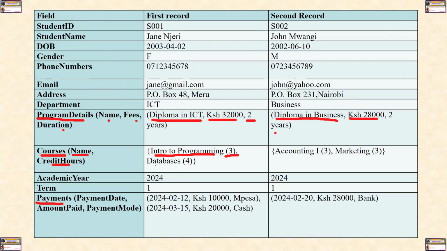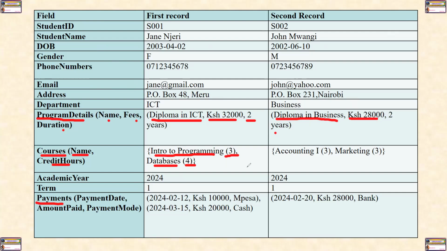We have also another course called Databases, whose credit hours are 4. So you can see under the courses field, we have 2 things: the course and the credit hours. So here we have 2 courses put together with their credit hours.